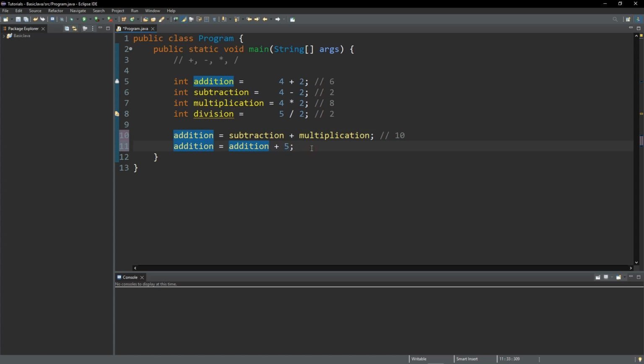Okay, so this now equals 15. If we have the same line of code underneath it, it's not going to equal 15 anymore, because now we're taking 15 and adding 5 to it. So now it equals 20. Okay? So we can use plenty of different techniques in order to spice up our arithmetic a little bit.